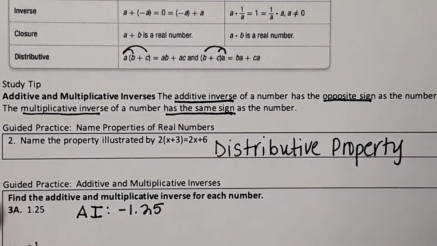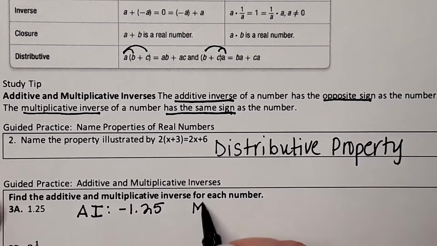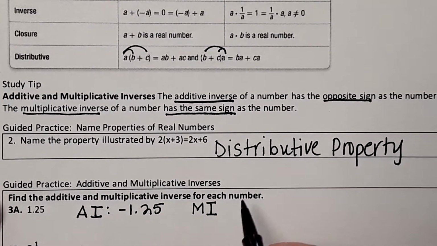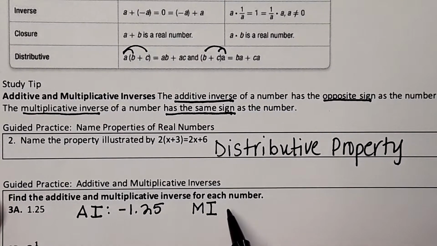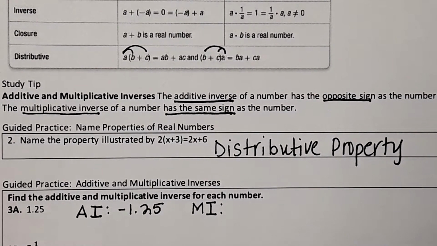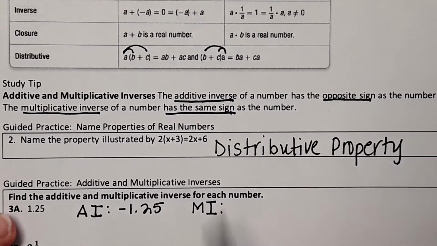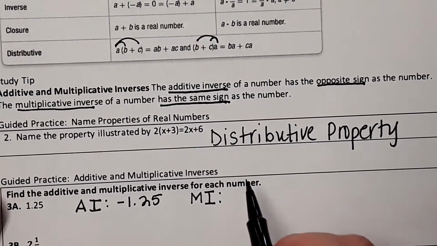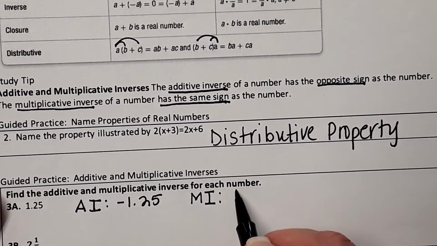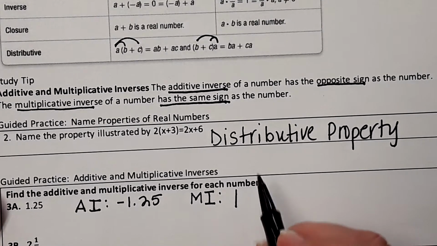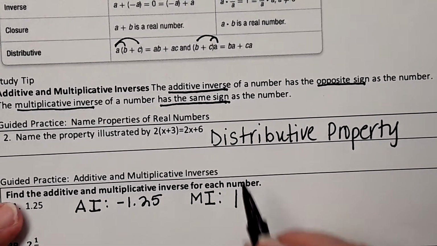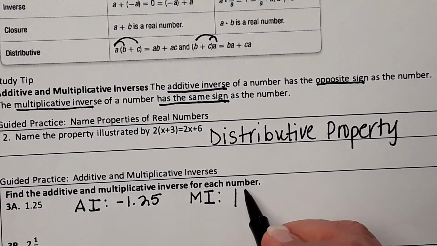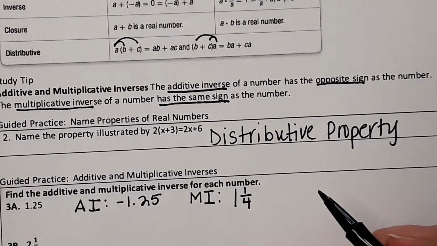For the multiplicative inverse, we actually have to do a little bit before we can just take the opposite of it. The first thing you need to realize is that this is a fraction, because multiplicative inverses are reciprocals. So anybody know how to write this as a mixed number? 1 and 1/4, because 25 over 100 is 1/4.